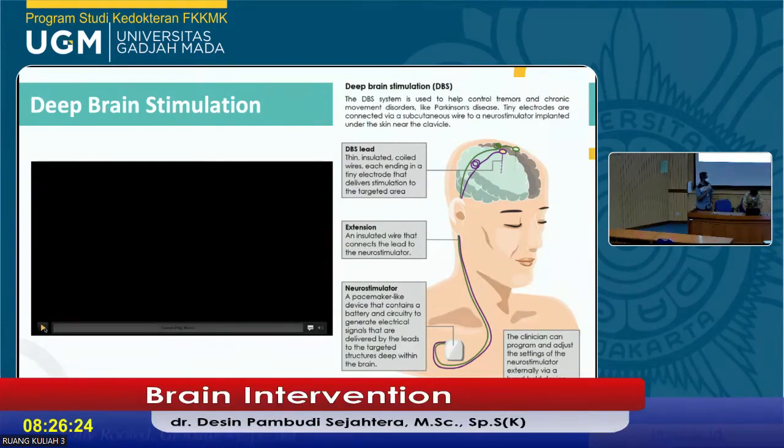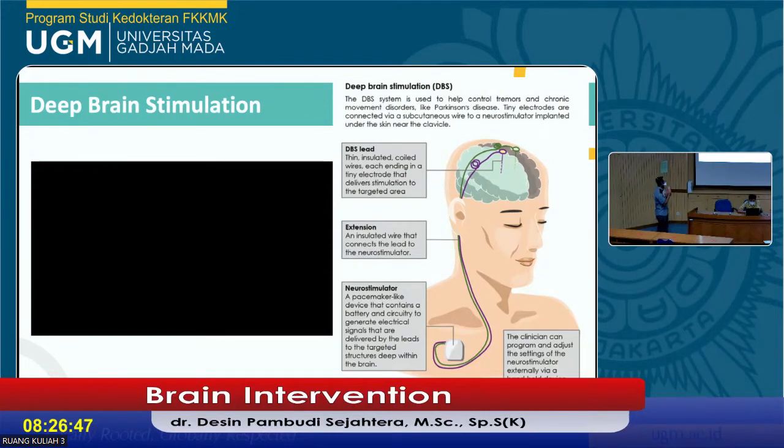Okay, cannot. So deep brain stimulation is a system to control tremor, or chronic movement disorder like Parkinsonism, and electrodes are connected via subcutaneous wire to a neurostimulator implanted under the skin near the clavicle, the os clavicularis.